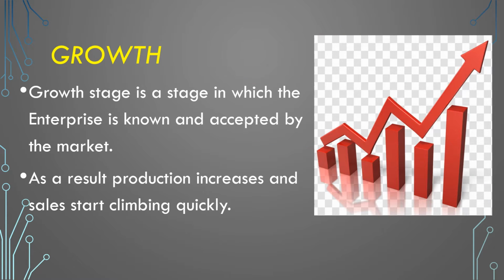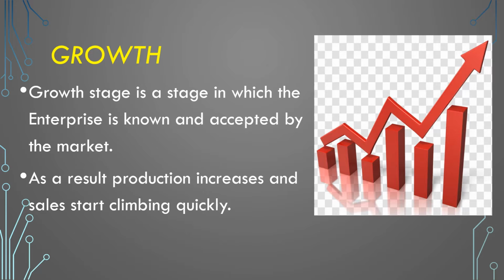Second stage of enterprise life cycle is growth stage. If the new product satisfies the market, then the product enters into the next stage, that is called growth stage. During this stage, the enterprise is known to and accepted by the market. The early adopters keep continuing to buy the product, and the prospective buyers start following their lead, especially if they hear favorable word of mouth from the existing buyers.